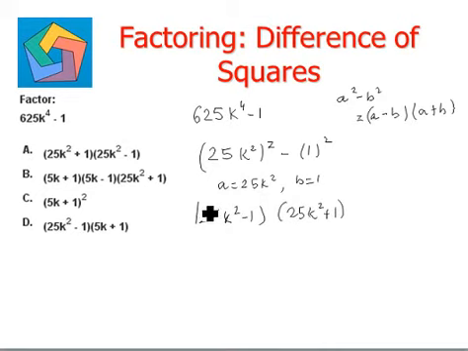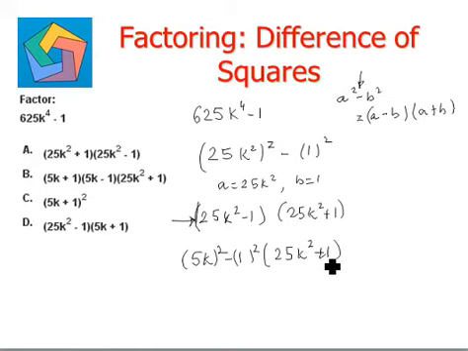Now we see the first parenthesis can still be further factored because 25 is a perfect square. So we write 5k squared minus 1 squared times 25k squared plus 1. Also, this identity is only applicable when there is a negative sign, not a positive sign.